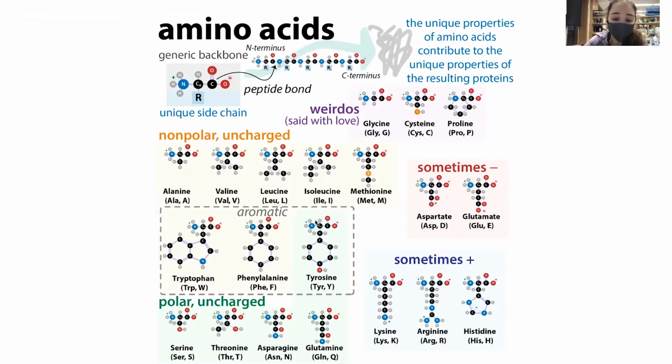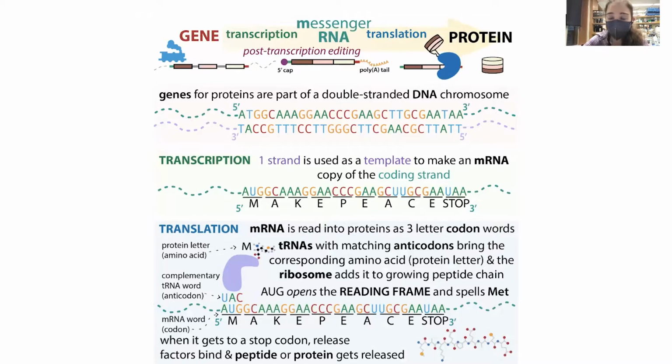But we have these 20 basic canonical amino acids that our cells have to choose from, but they don't really get to choose. They're following the protein-making instructions in that protein's messenger RNA, which is an RNA copy of the DNA. So the DNA gene has the original recipe, but it has some extra regulatory information. This is held in the nucleus, and then in a process called transcription, your cells make RNA copies of this, and then those RNA copies get edited, with that regulatory information removed, to form this mature messenger RNA.